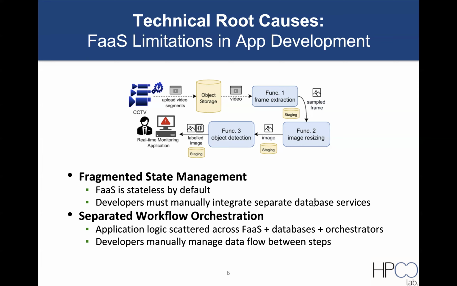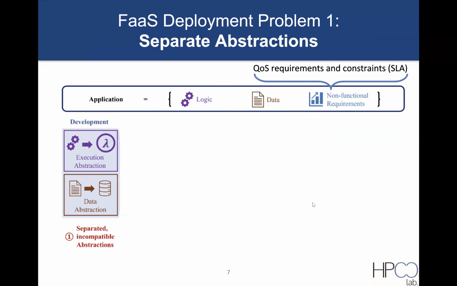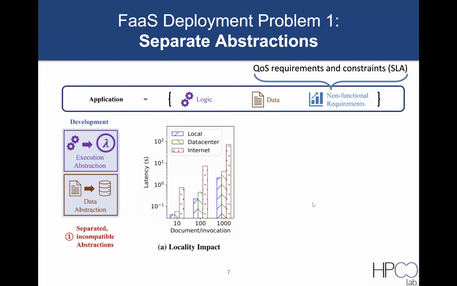The logic of the workflow is spread across the orchestration, because the application is not only about the code being run, but also about state and many other things. So we need to build functions, a database, and orchestration. This is what we're talking about, and the cause is that when we have separate abstractions, performance goes really bad because we are limited in how much we can do on separated abstractions.